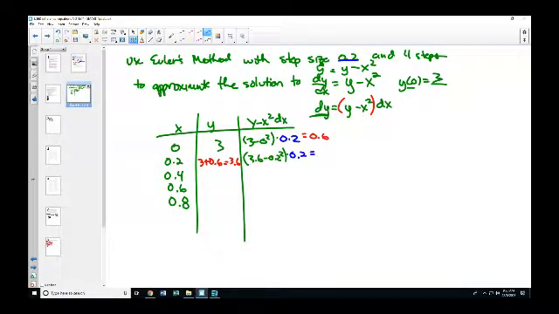Yep. That one's a little bit more fun. 0.2 squared is 0.04, right? So we get 3.56 times 0.2. Yeah, this is already super tedious.